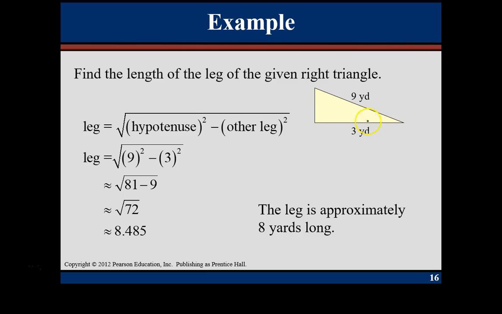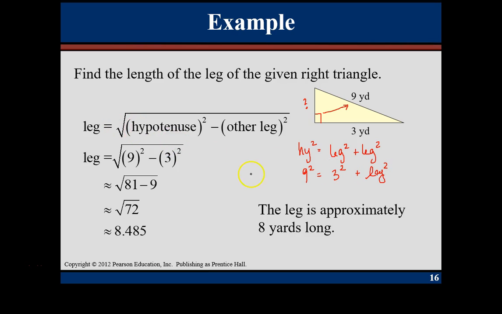Here's another. In this case, I know the hypotenuse, but I don't know this leg. So it's hypotenuse squared equal to a leg squared plus my other leg squared. Here I know my hypotenuse. It's a 9. And I know one of the legs, but I don't know the other one.